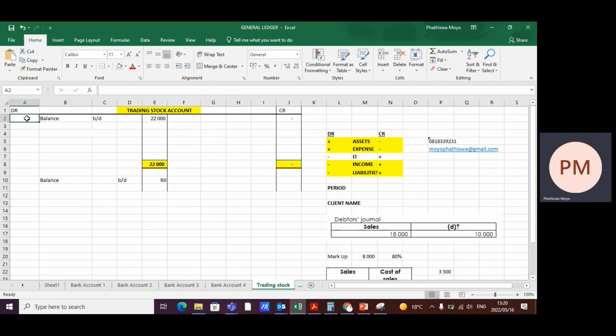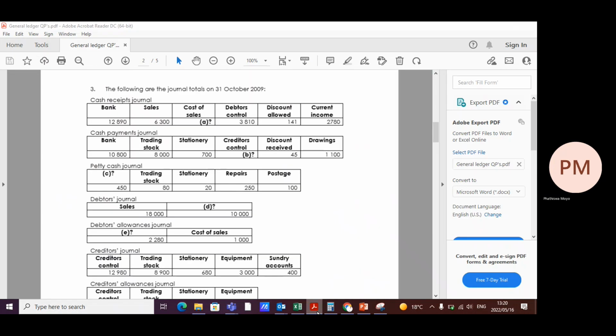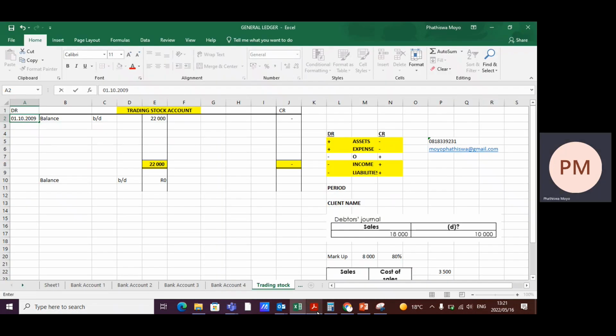So this is 01/10. Okay, so now as at 31/10/2009, then there's the cost of sales from CRJ.